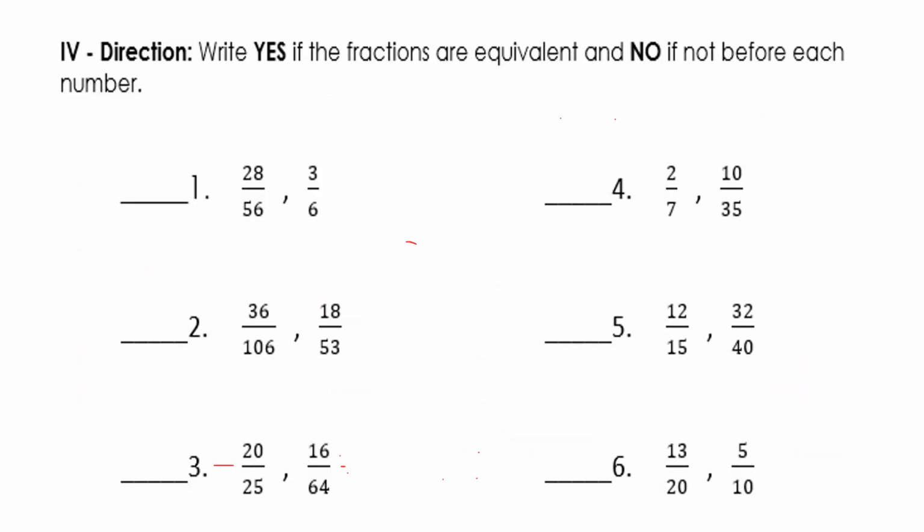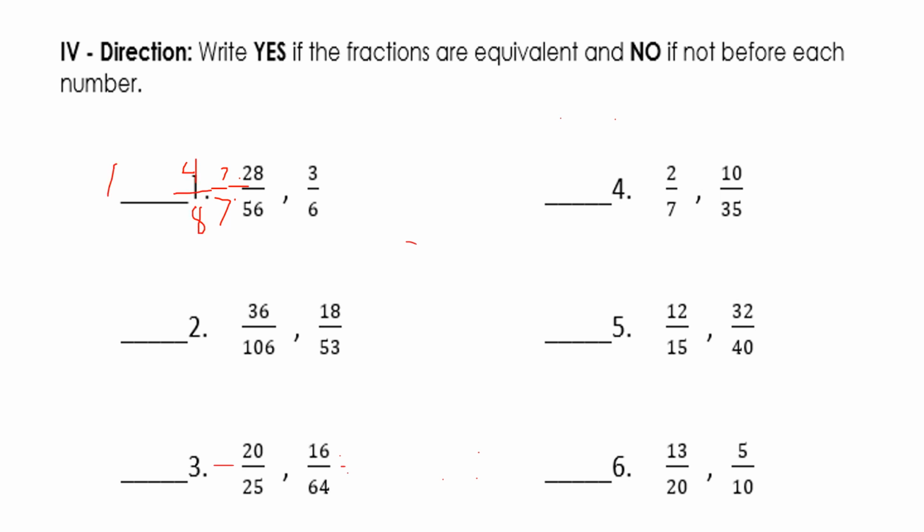Okay, write yes if the fractions are equivalent and no if not before its number. 28/56. What is the GCF between 28 and 56? Can write 7, right? 7. Tama ba? 7. 28 divided by 7 is 4 over 8.